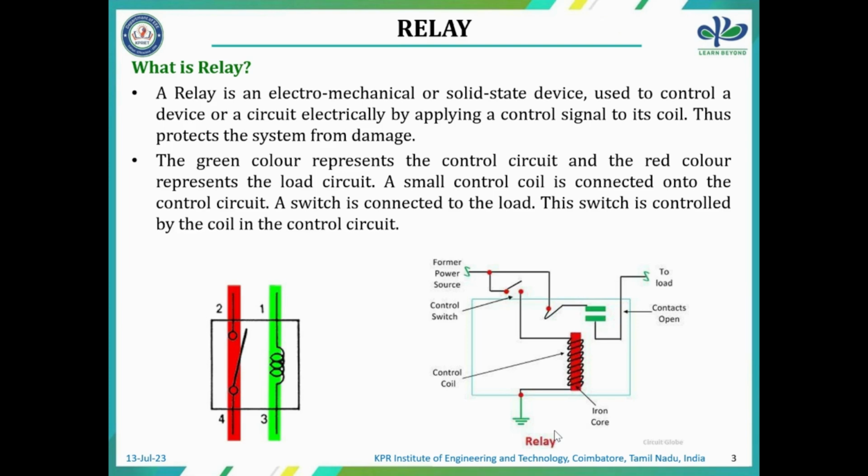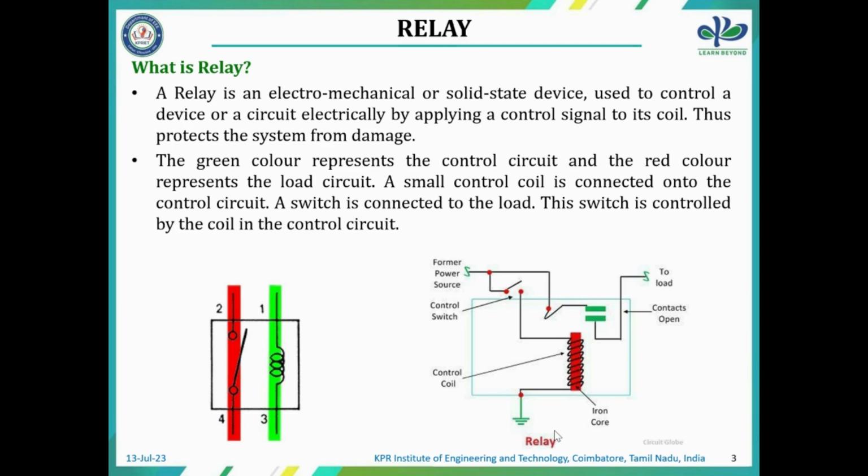It consists of an electromechanical part and is electrically controlled through mechanical movements. That is the setup of the electromechanical type. Here I have drawn two diagrams for your understanding.